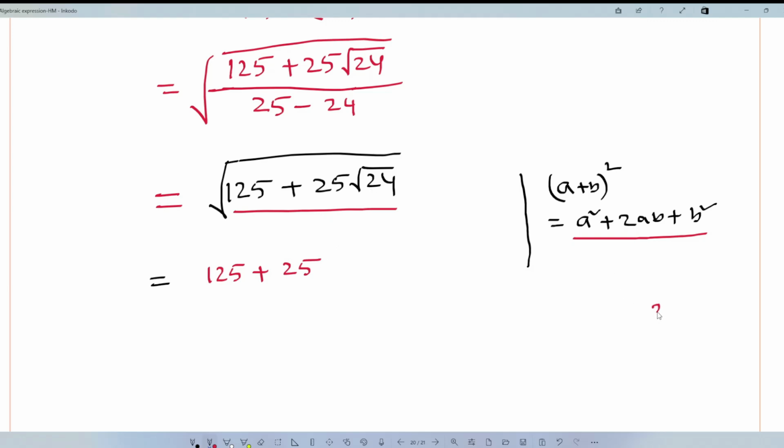What can we do? 24 divided by 2 is 12, again divided by 2 is 6, divided by 2 is 3. So for these two twos we take only 2, and here root 6. Once we take the square root of 24 we get 2 root 6, right?